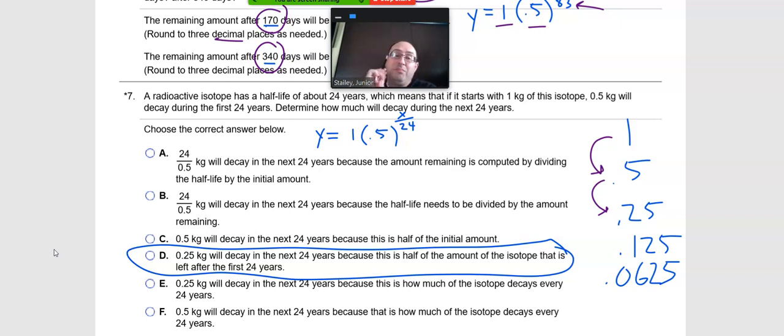I'm dropping the same percentage. So in the first 24 years, we're dropping 0.5. This says determine how much we will lose in the next 24 years. Well, that would be 0.25, which is why it is choice D. 0.25 will decay in the next 24 years because this is half of the isotope that is left after the first 24 years.